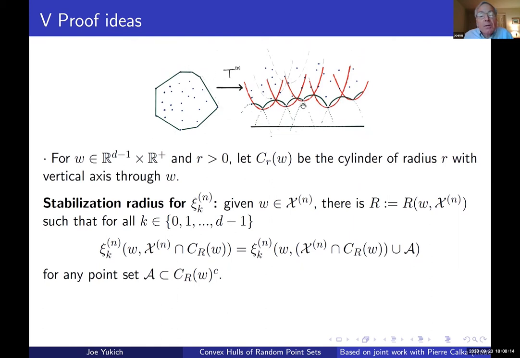So here's the point w. There's a cylinder around this point of radius R such that data outside this cylinder do not change the score.